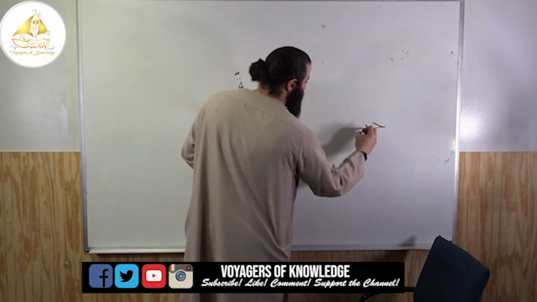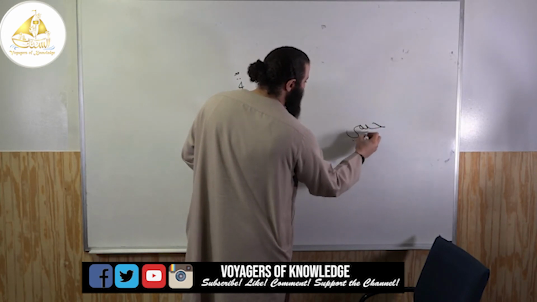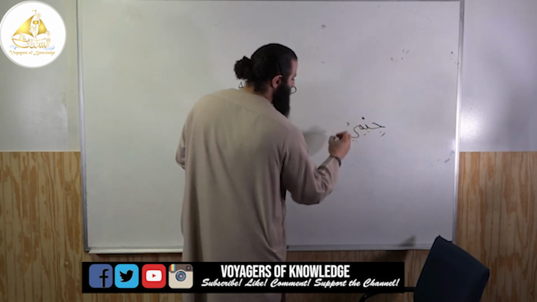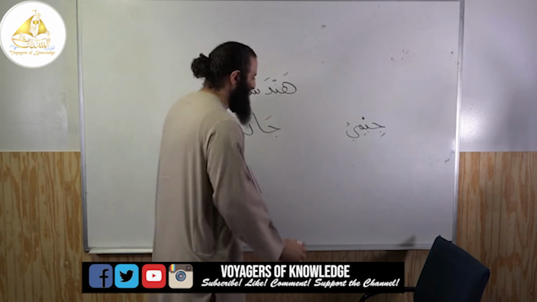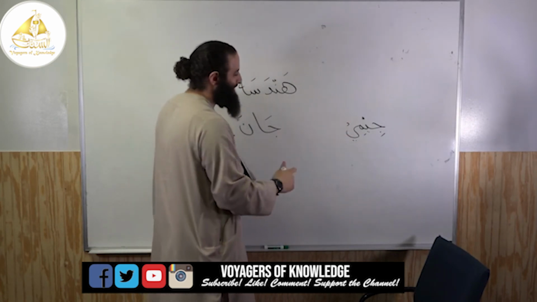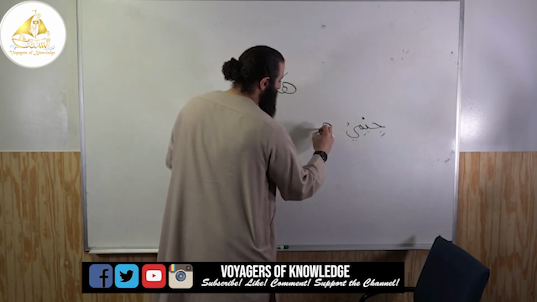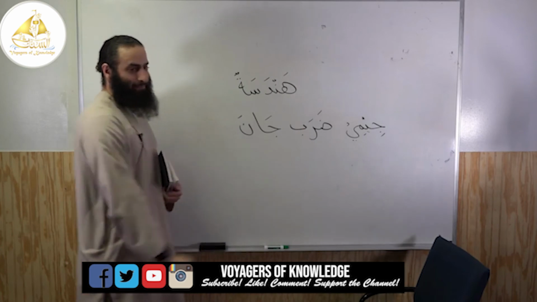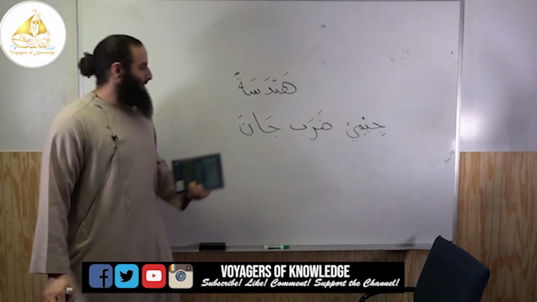Something might have happened, like somebody, let's say, killed him. Jimu now. I told you ones that end with ya or alif or waw. All right. Daraba. What's daraba? He hit. Jana. So it became Jana.